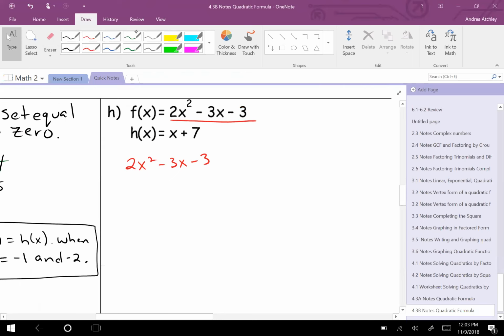It's going to equal the h of x, which is x plus 7. Same steps. We need it equal to 0. So I'm going to subtract the x and put it with the like term, and subtract the 7 and put it with the like term.